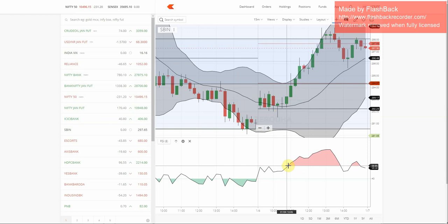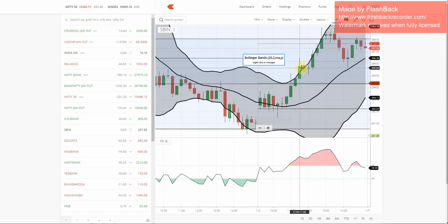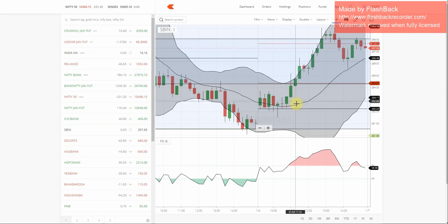Generally, once it crosses 60, you will see at least 2 to 3 big candles. This is a standard thing which you can watch out for any day or any stock. Now here you see it has crossed 60 and you see the zoom.